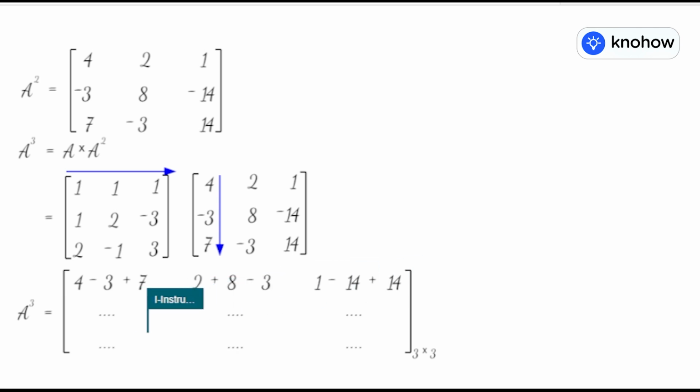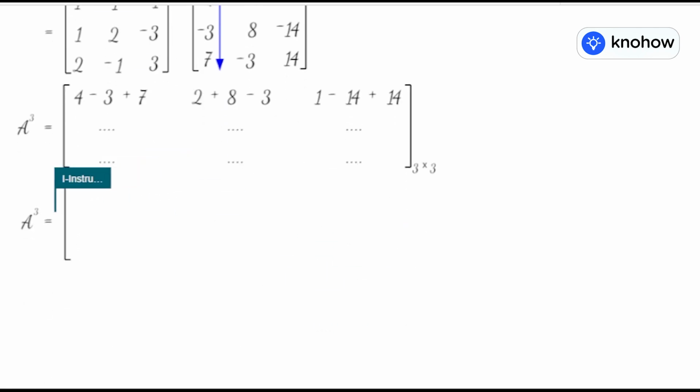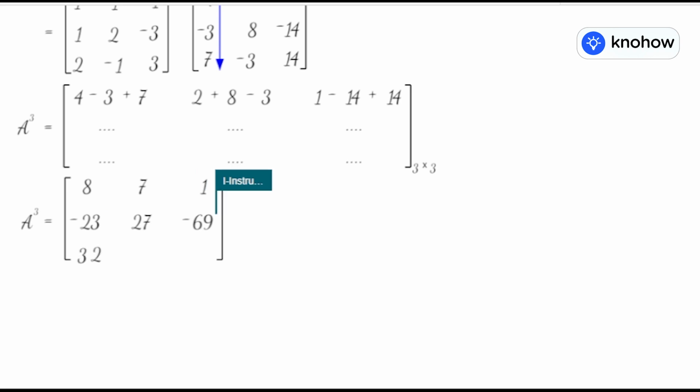So finally, if you work it out, the value of A cube will be [8, 7, 1; -23, 27, -69; 32, -13, 58], a matrix of order 3 by 3.